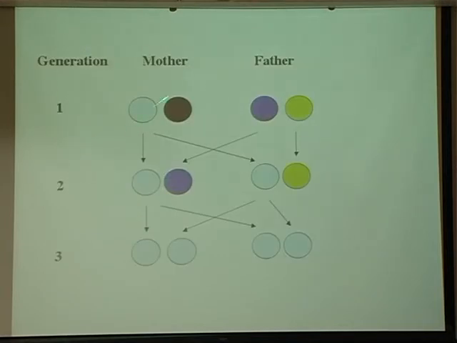This is a closed population of two breeding individuals. Here's the founding generation. We're looking at a particular site in the genome, say a single nucleotide site, and we're going to label those as distinct. They may not be different in DNA sequence, but we are omniscient beings, and we will distinctly label this. We will separate out the maternal and paternal alleles at this site in the genome for these two individuals.